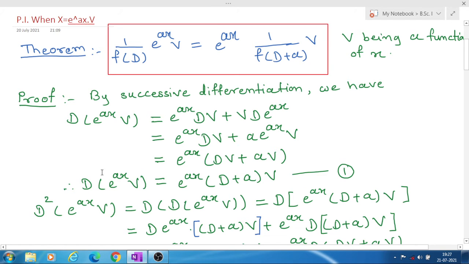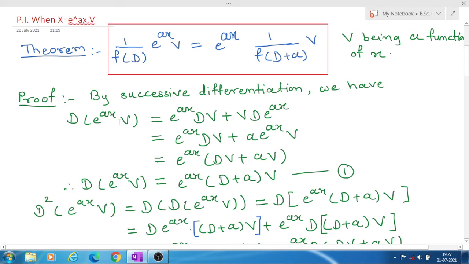Similarly here also, first we find the derivatives and nth derivative of the function capital X, and then the PI. So let us see the first derivative D of e raised to ax v.